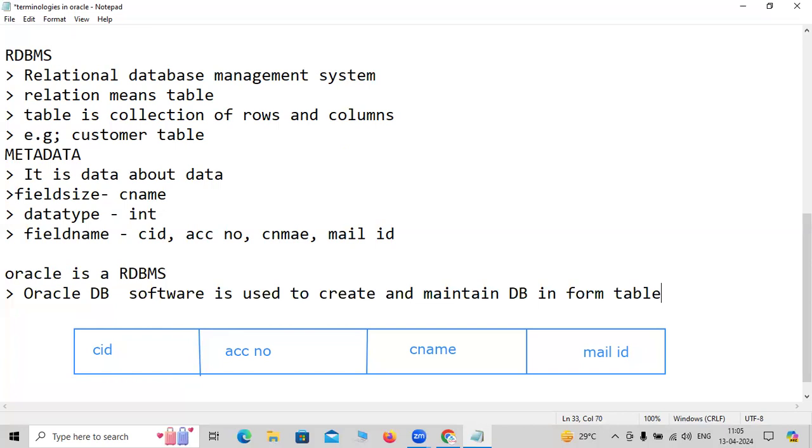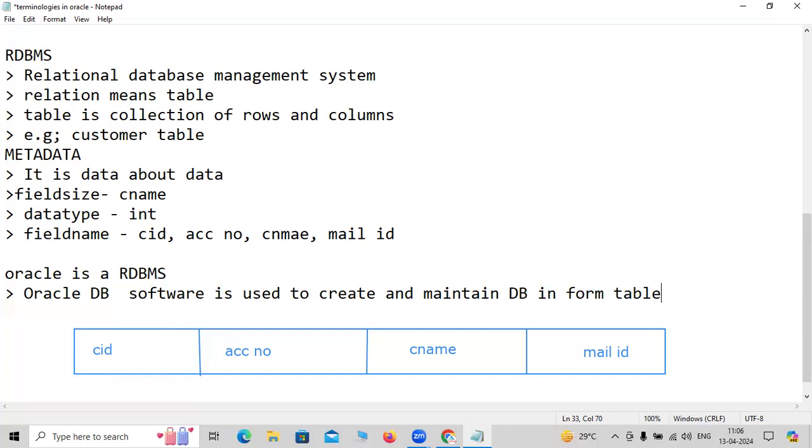For the present scenario, we are having multiple types of data, like WhatsApp, and all the different types of data we are handling. So everything can't be maintained in a table.